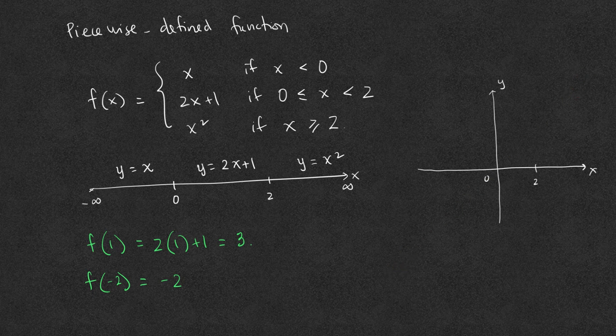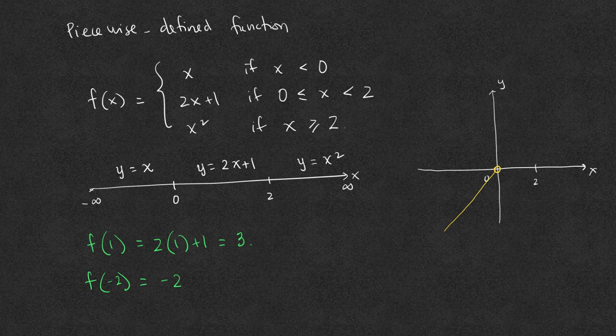But remember that we only graph y equals x on the left-hand side of 0. When we get to 0, we would have to use an open circle because 0 is not included in this formula. If we want to exclude it, we would use an open circle.